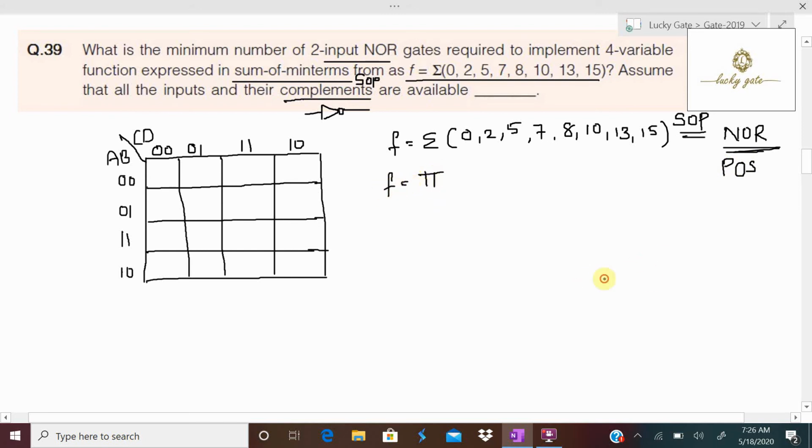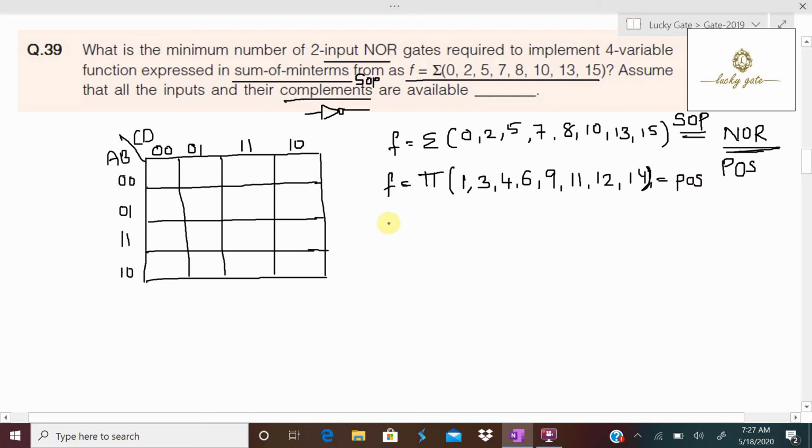Now we need to find f equal to pi of the missing terms of the SOP. 0 is there, so what are the missing terms? 1, 2 already there, 3, 4, next 5 already there, 6, 7 already there, 8 already there, 9, 10 already there, 11, 12, 13 already there, 14 and 15 already there, completed. So this is the POS form of the same SOP.